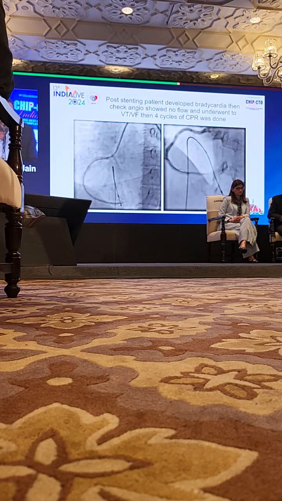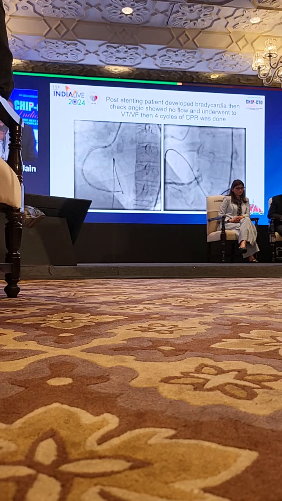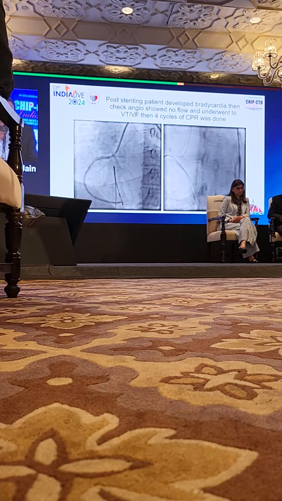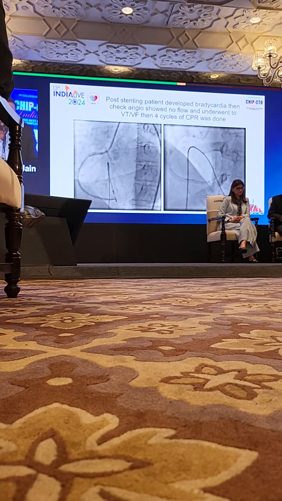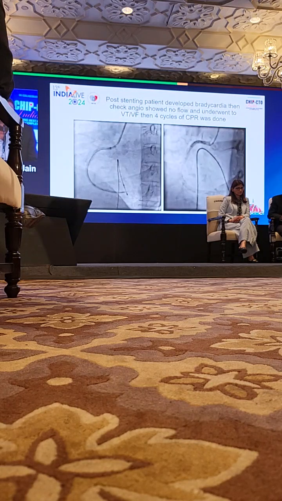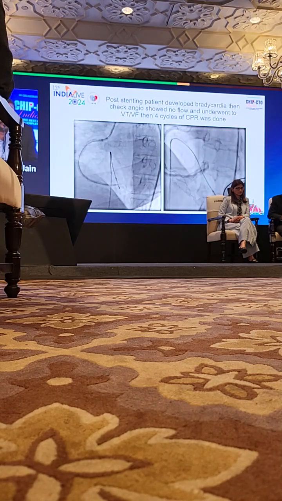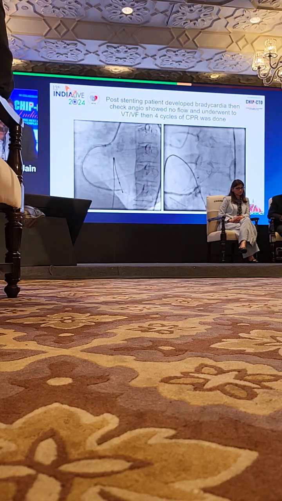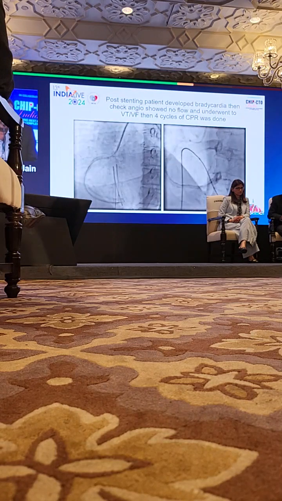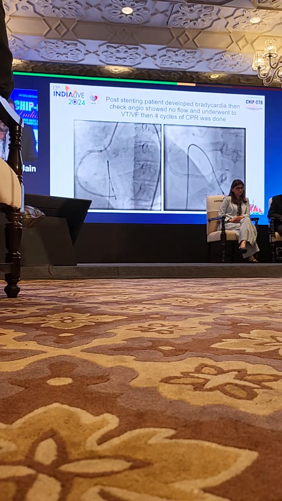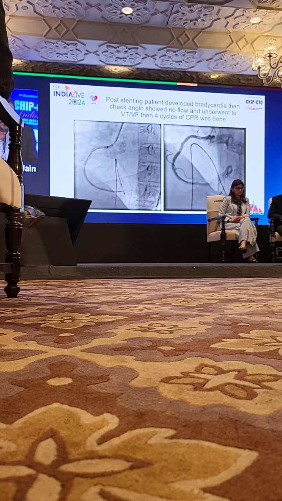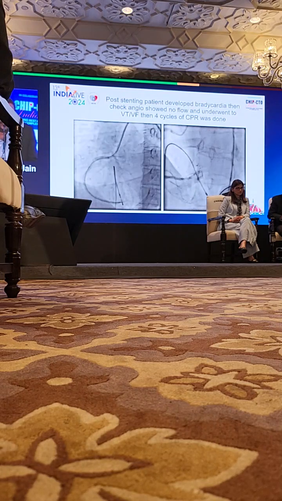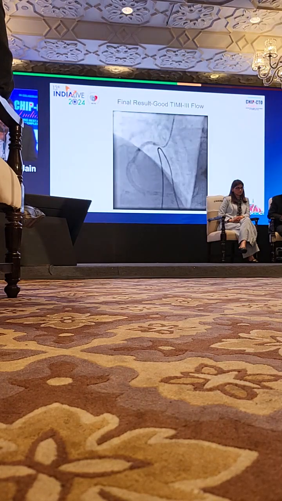I took a microcatheter immediately down to the distal part of the RCA and started giving vasodilators: adenosine, nitroprusside and others. CPR was continued in between, and the pressures were not picking up initially. But after 5 to 10 minutes the pressures came up, the flow was restored, and the patient became stable.